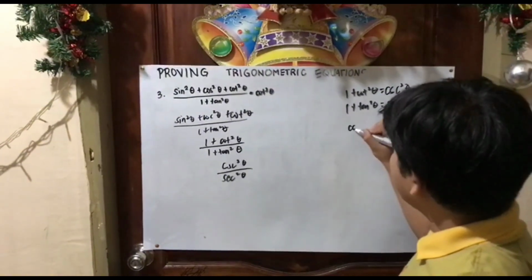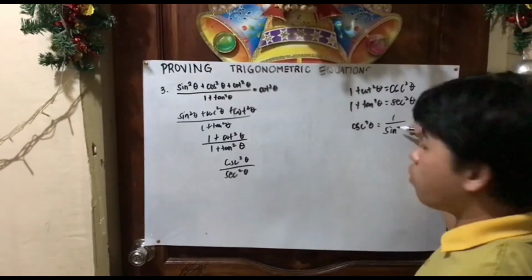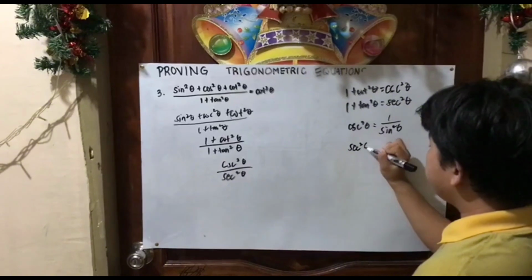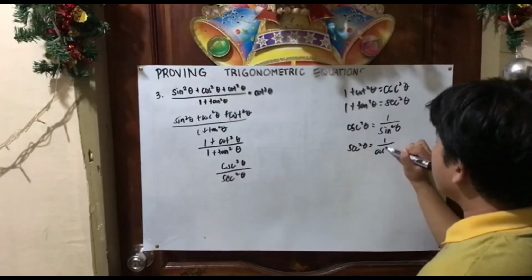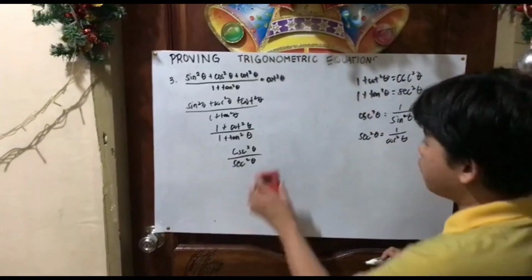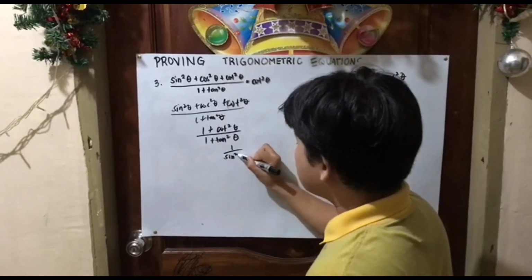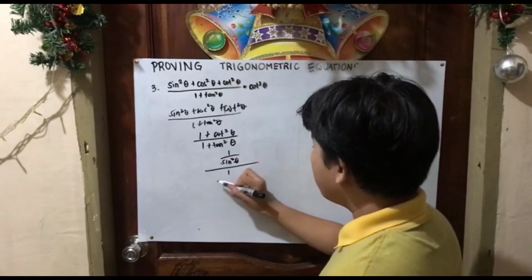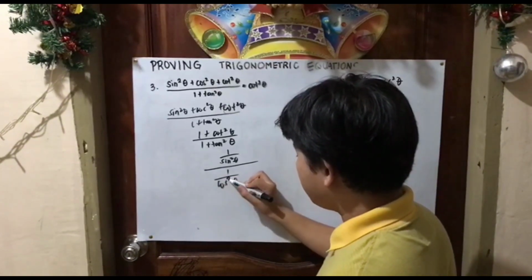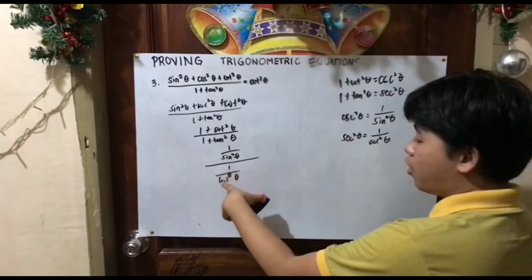So cosecant squared theta becomes 1 over sine squared theta. And for the second, we have 1 over cosine squared theta. By converting them, our new equation is 1 over sine squared theta over 1 over cosine squared theta.